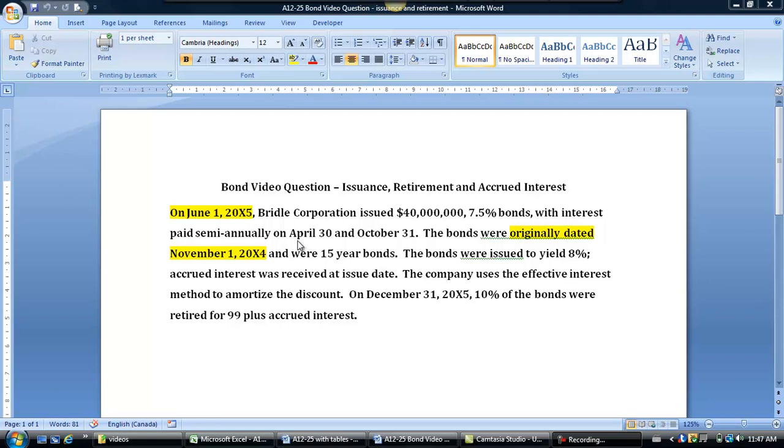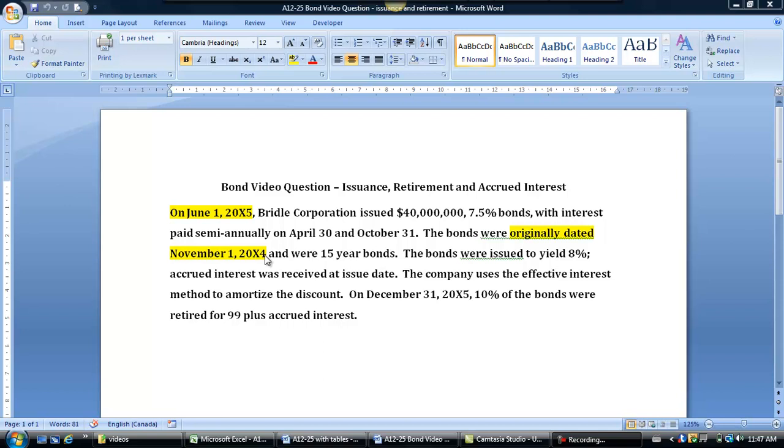That's significant because the investor is going to pay accrued interest on the issue date for the period within which the issue date falls. So when you're calculating the present value of the bond, the number of periods you use is significant, because you're not going to calculate the present value of the bonds for a period within which the investors weren't there.